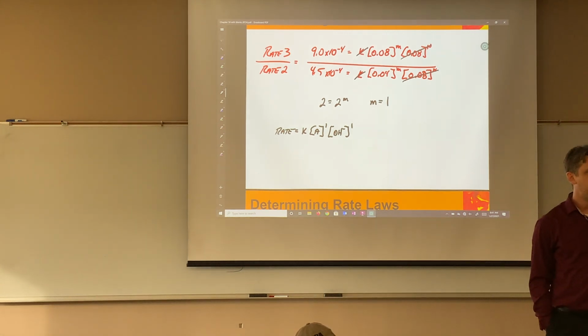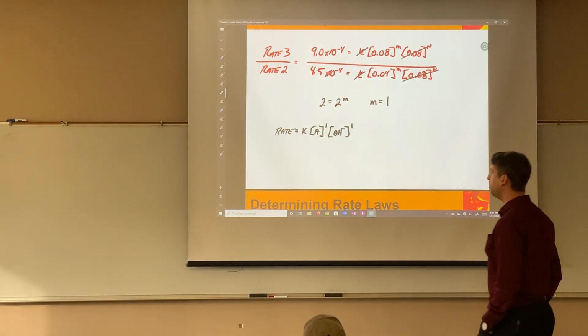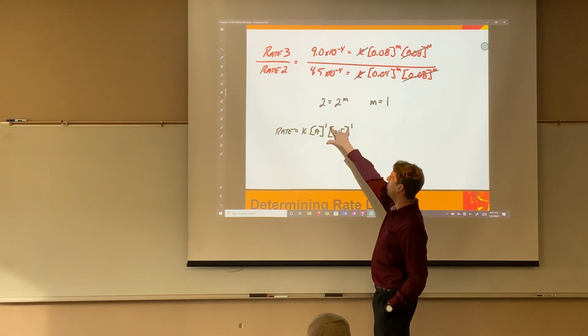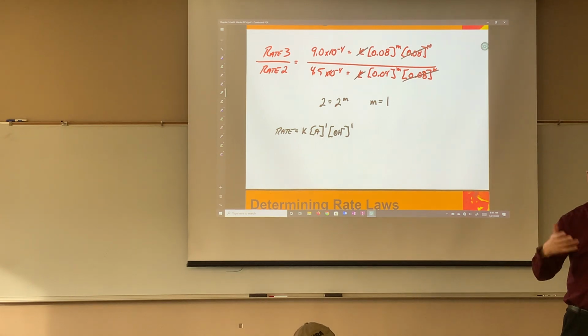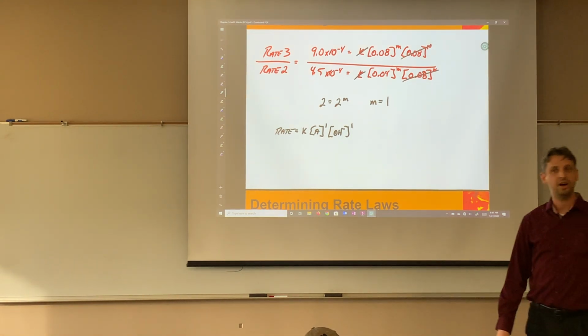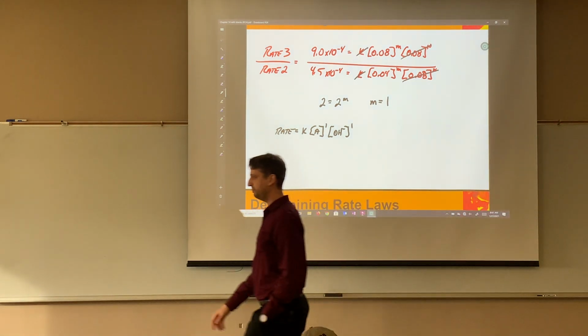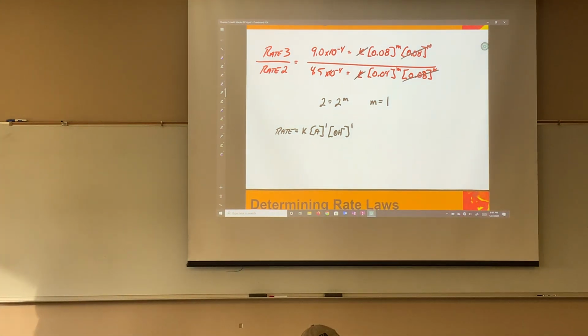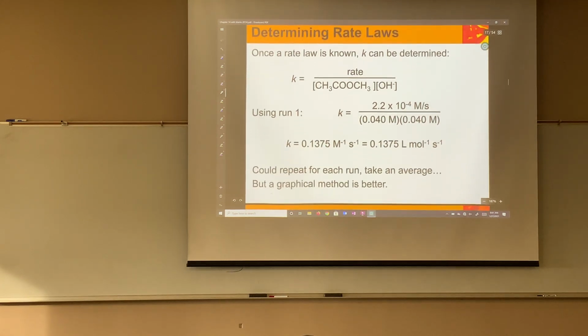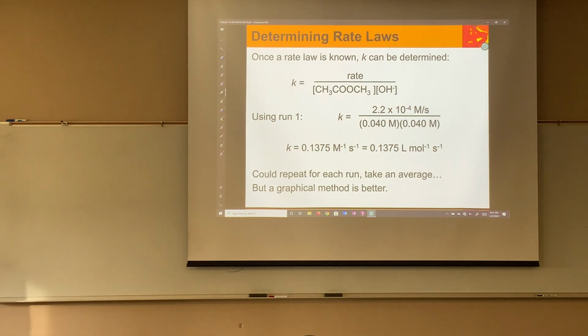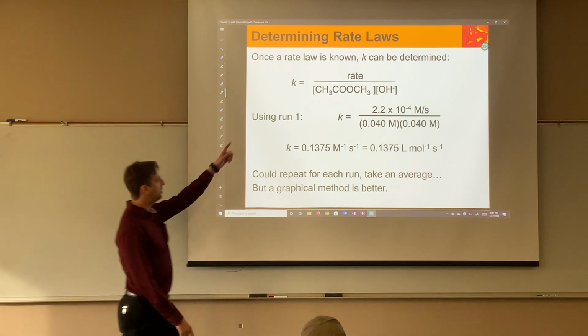Cool. So now we're just kind of missing one little part. Once we've got our orders figured out, our exponents, the question typically asks, what is the rate constant for this reaction? Well, now we can easily plug that in, and I gave you guys some space there. Once we know the rate law, we can calculate K, because we know what the rate is.